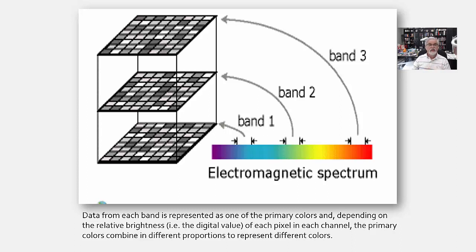Again, think of it as a grid, and from the grid we have part of the grid associated with the blue, part with the green, and part with the red. But if instead I had another grid here and another grid here, that's going to give me more detail as I look at what's going on.